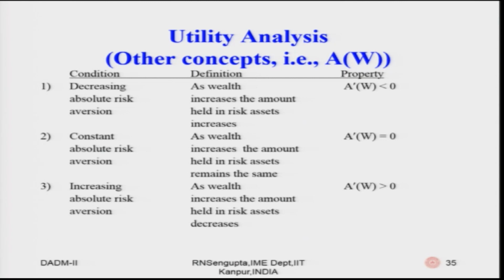Now, check the wordings in the first column and the concept given in the definition in the second column. Let us go back to row 1. Decreasing absolute risk aversion property means my risk aversion is decreasing, so I will be more tempted to invest in risky decisions and risky assets. The definition should match that: as wealth increases, the amount held in risky assets increases, which is true.